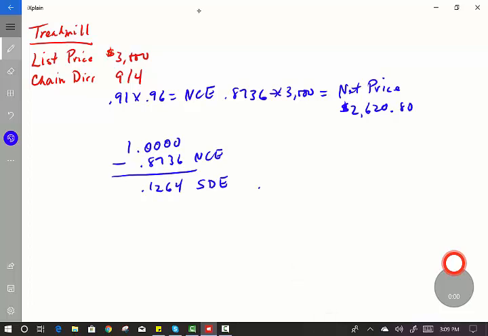Then I'll take 0.1264, multiply that times the list price, and then that will equal $379.20.